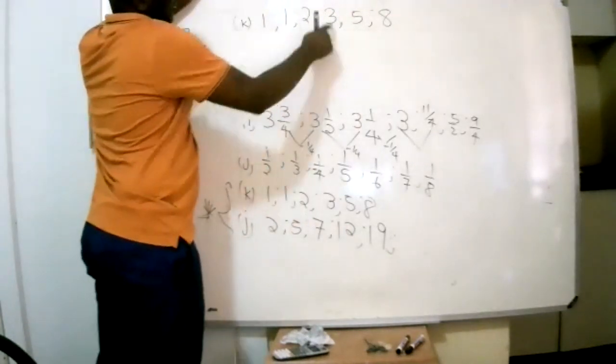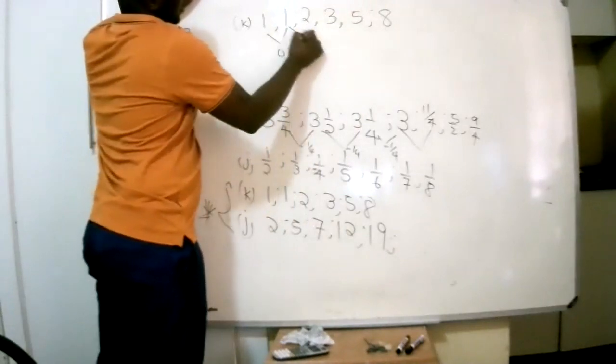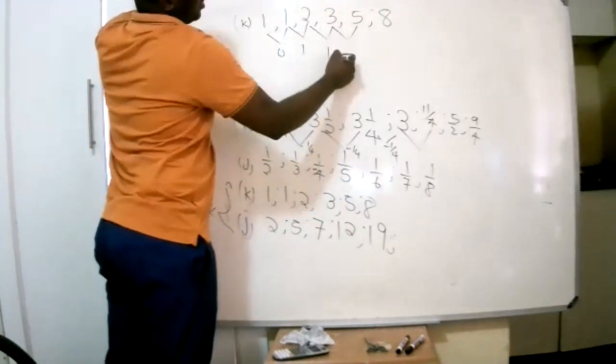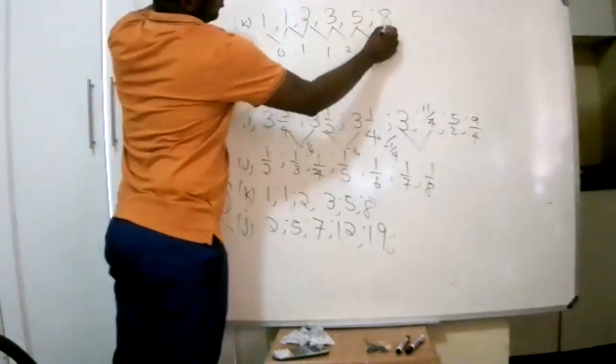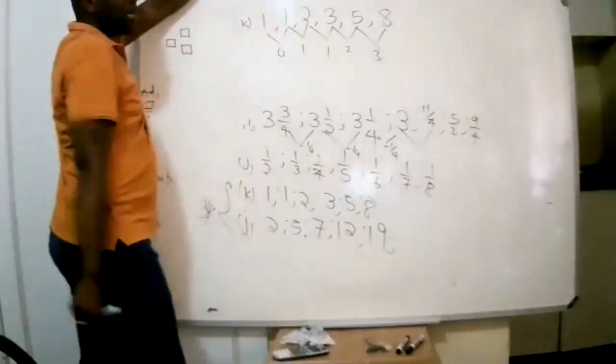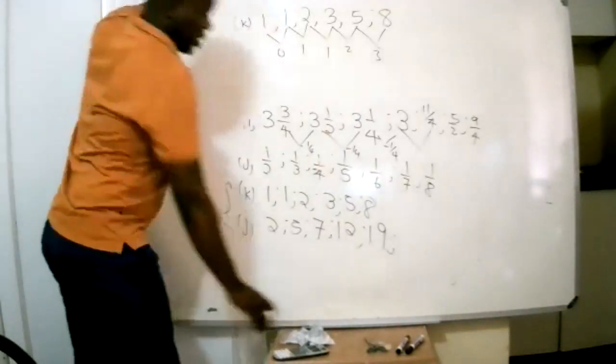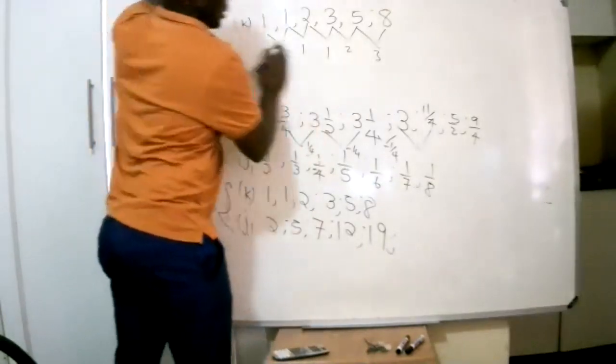If you take the differences, you obtain 0, 1, 1, 2, and 3. You can see there's no pattern on these numbers. You cannot get a pattern by subtracting.